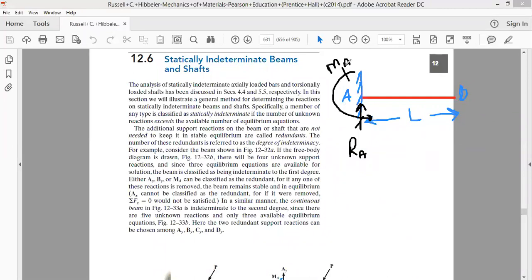The reaction moment MA and the reaction RA are in response to the load that acts on the cantilever beam at any point.